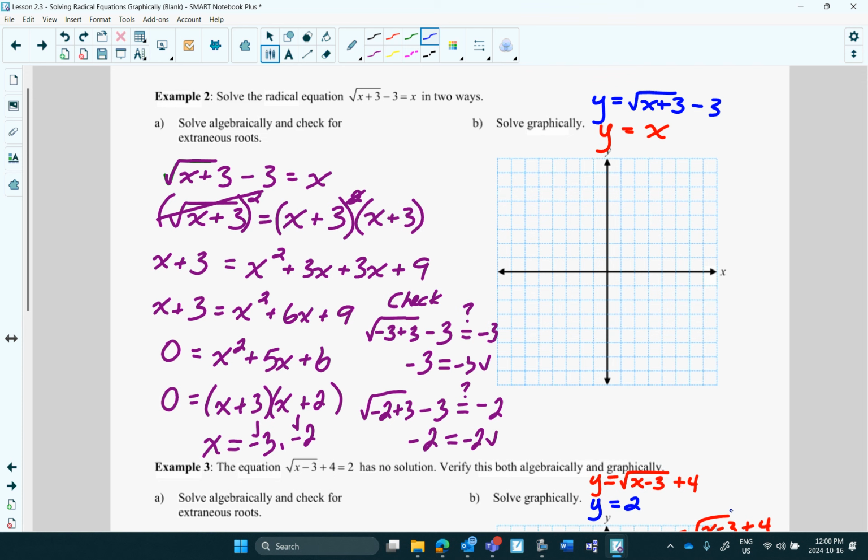So 0, 0 goes 3 left, 3 down. 1, 1 goes 3 left, 3 down. 4, 2 goes 3 left, 3 down. So it's going to look like that.